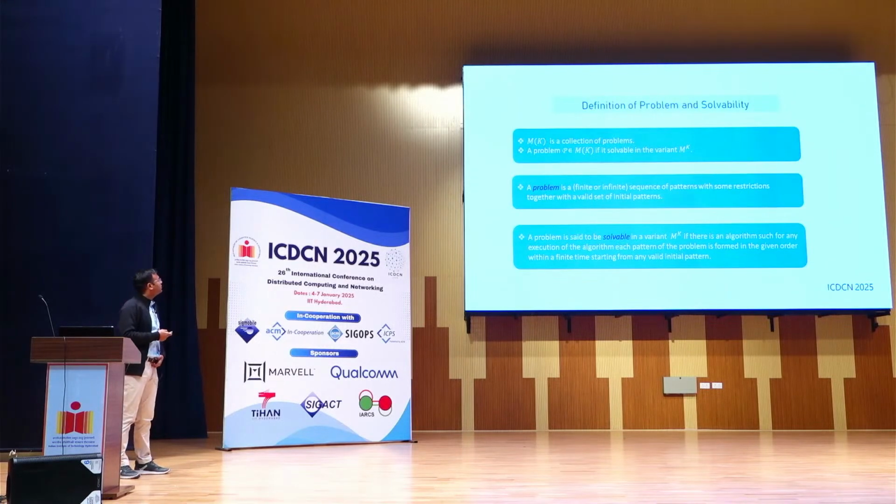First, let's look at some definitions before moving on. By M(K), for a model M and scheduler K, we denote a problem set, a collection of problems, where a problem belongs to this set if it is solvable in that variant. What do we mean by a problem in this regard? A problem is a finite or infinite sequence of patterns made by the robots with some restriction, together with a valid set of initial patterns.